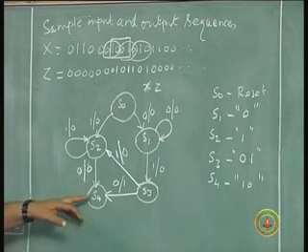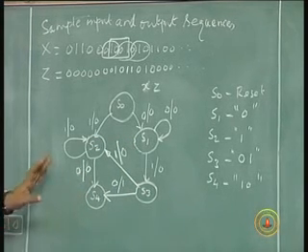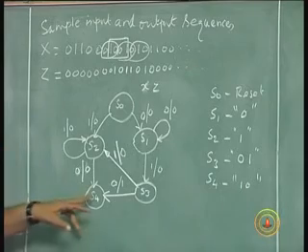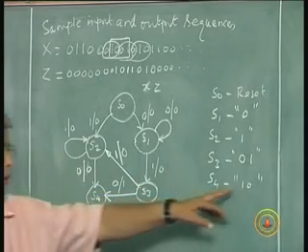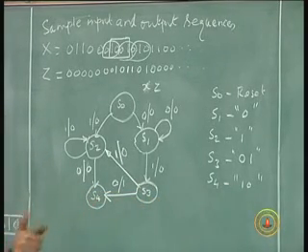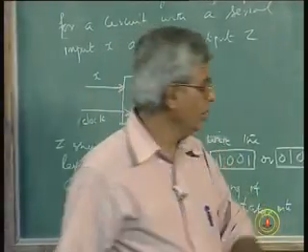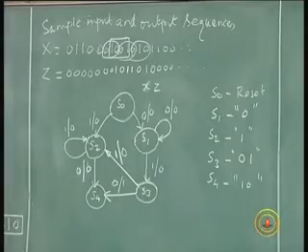So let us continue with S4 and see how to complete the pattern 1, 0, 0, 1. S4 is 1, 0. So if a 0 occurs here, that will be a part of 1, 0, 0, 1. So I will have to create a new state for that.